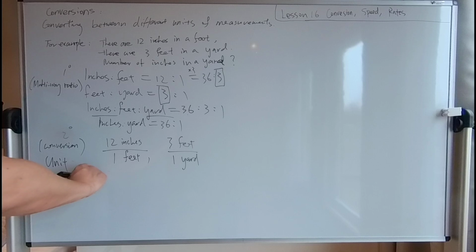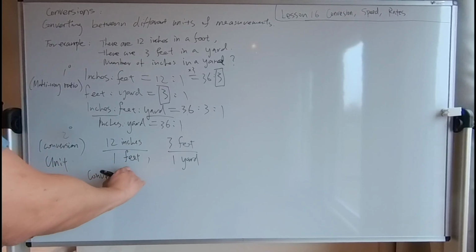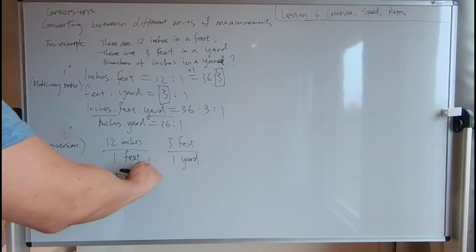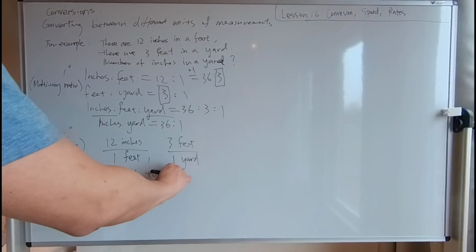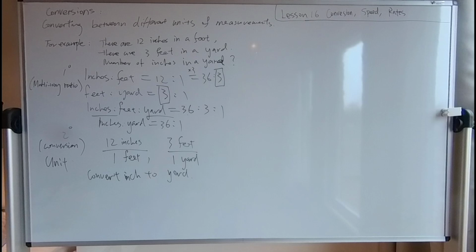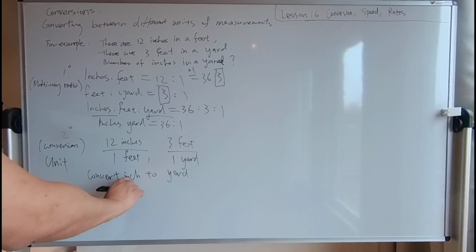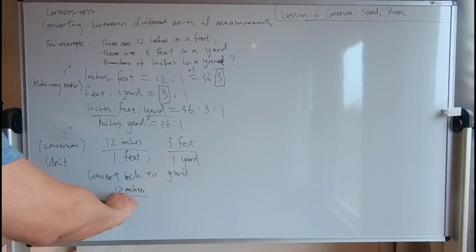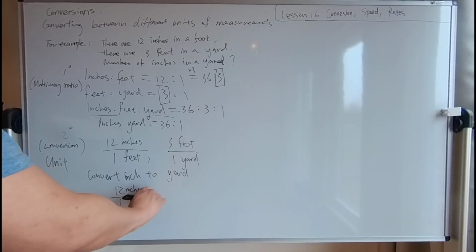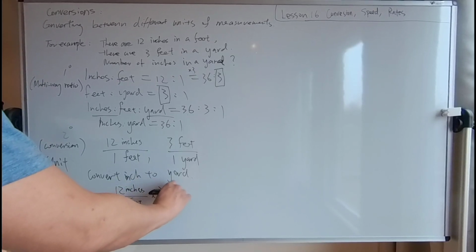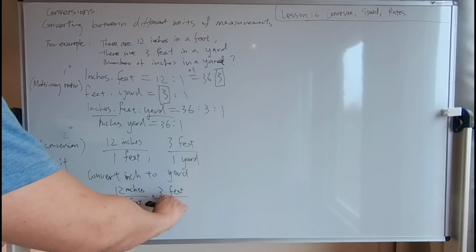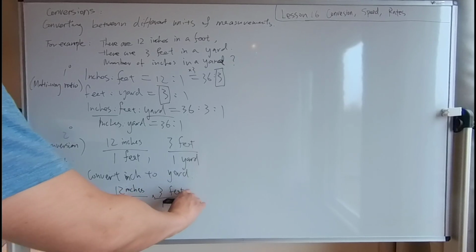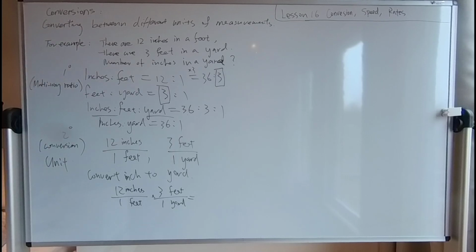Now, here I want to convert inch to yard. So if I'm multiplying the two fractions, 12 inches over 1 feet times 3 feet over 1 yard, I can do the number multiplication on one side and unit multiplication on the other side.